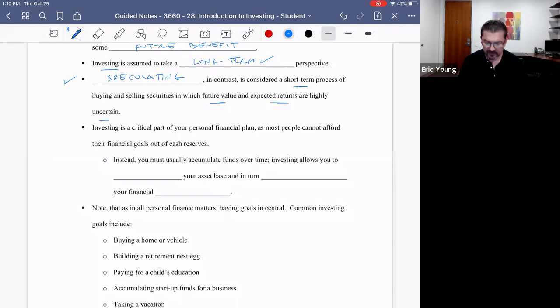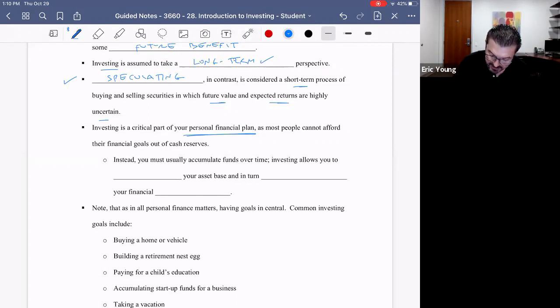Now, one big thing that we have to do is put investing in the context of your broad personal financial plan. You know that your personal financial plan includes many components tied to things like cash management and tax management, credit management, the purchase of big assets like cars and homes, all these different pieces that play into this big puzzle, this big mosaic.